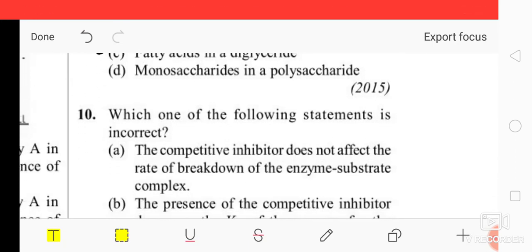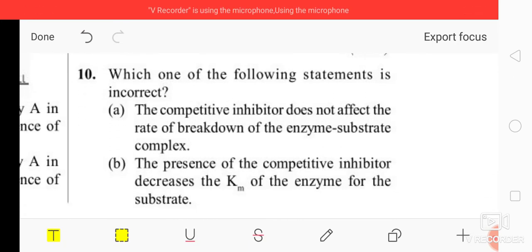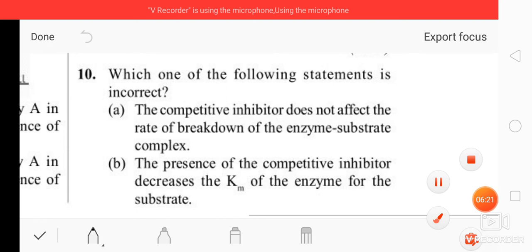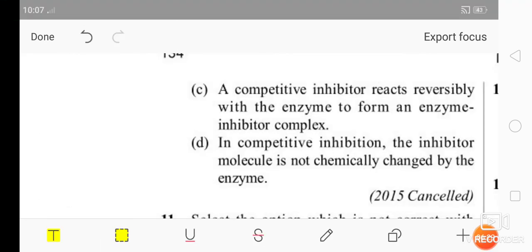Now moving to next question number 10. Which one of the following statement is incorrect? Option A, the competitive inhibitor does not affect the rate of breakdown of the enzyme substrate complex. Option B, the presence of the competitive inhibitor decreases the Km of the enzyme for the substrate. Option C, a competitive inhibitor reacts reversibly with the enzyme to form an enzyme inhibitor complex.